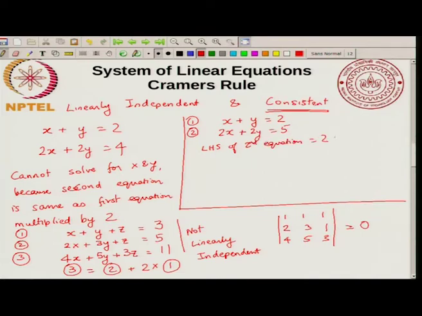Okay. In this case, the equations are said to be inconsistent.